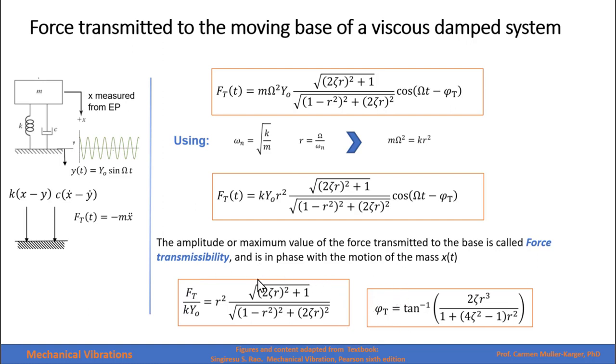As you see, this parameter right here, we already discussed, it's called the transmissibility factor, but now it's multiplied by r squared. And the phase angle between the force transmitted to the base and the displacement of that base will be this angle right here.